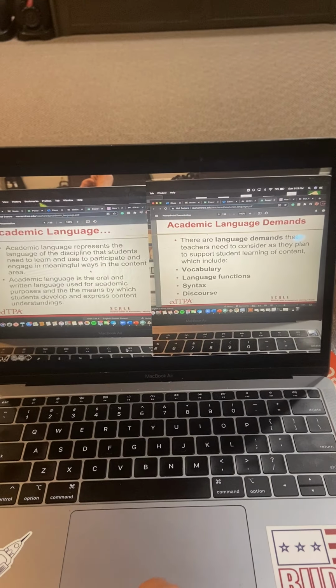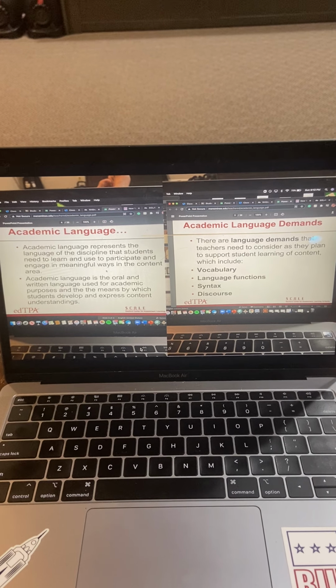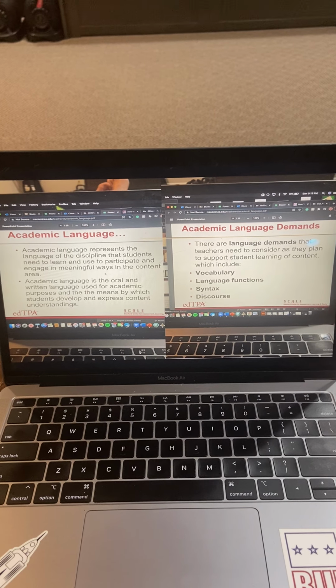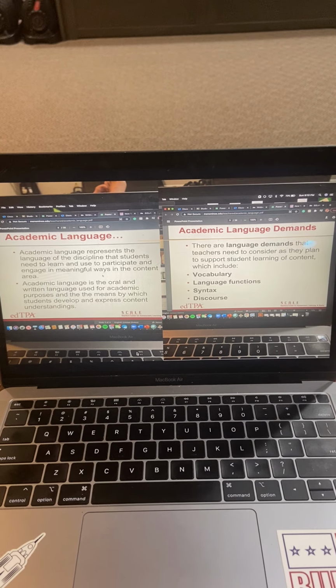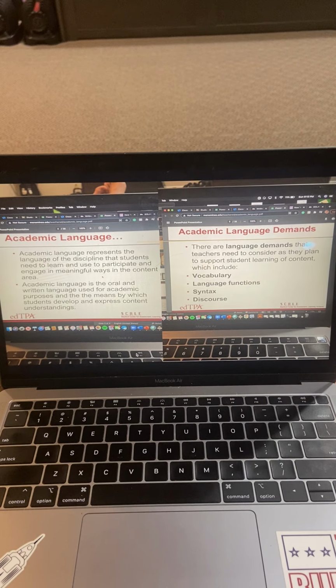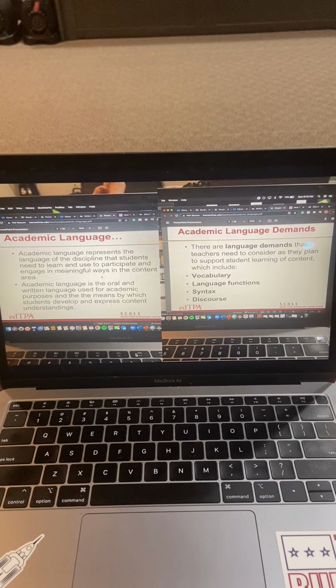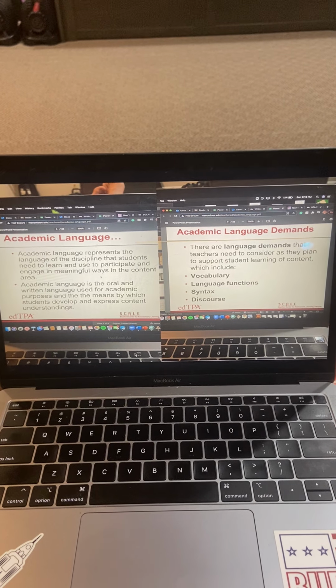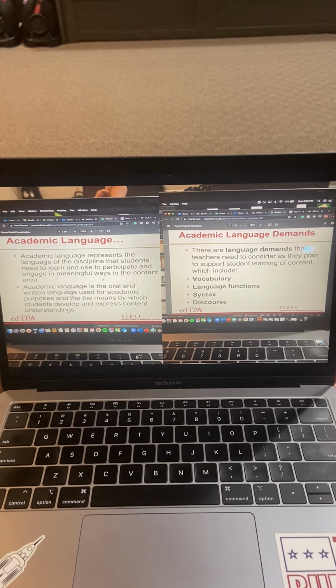Next I used the academic language resource. It was the PowerPoint made, and it was extremely helpful because, for example, with vocabulary, I was able to understand that for these lessons, I had to have super specific vocabulary, and I needed to be using it in certain sentence frames and everything.